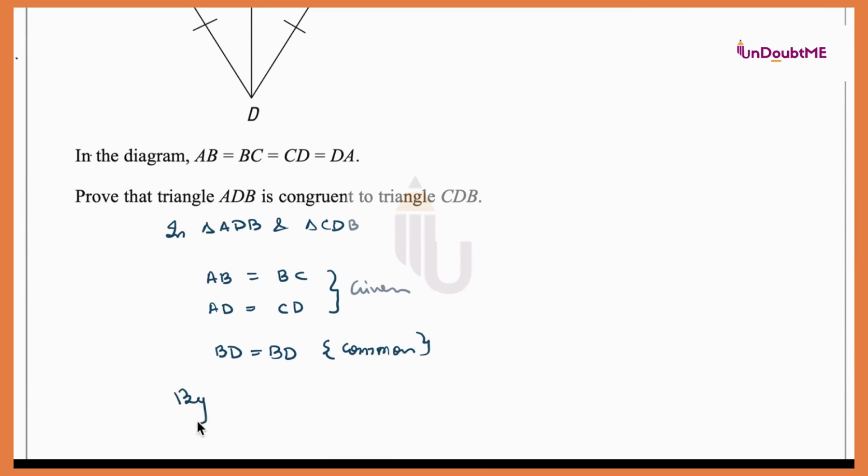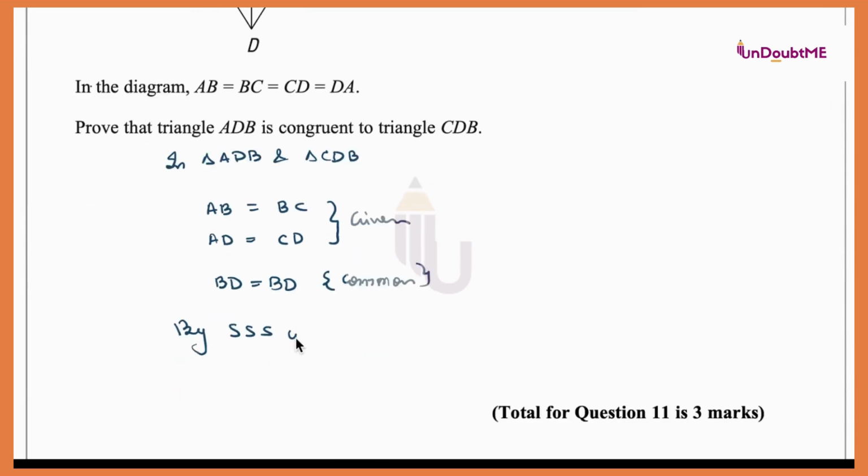So by side congruency, triangle ADB is congruent to triangle CDB, hence proved.